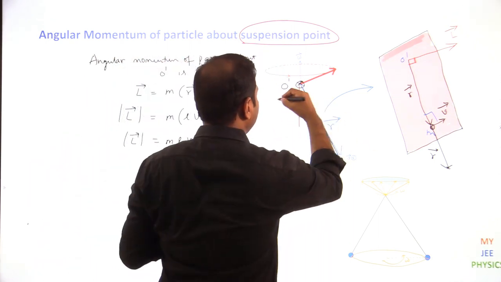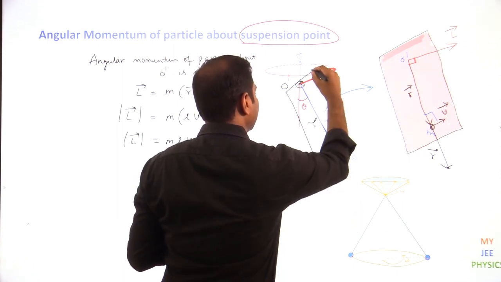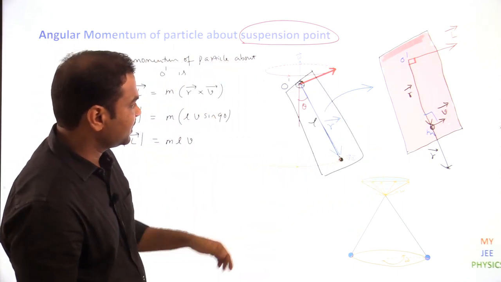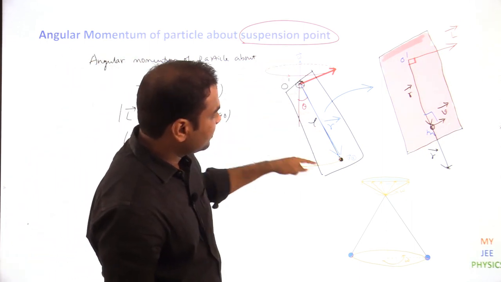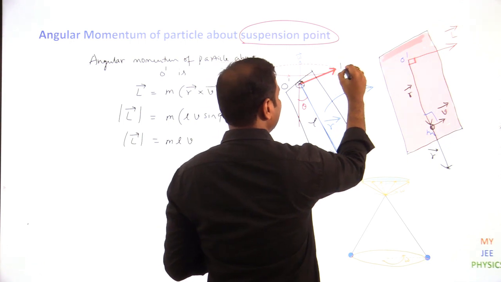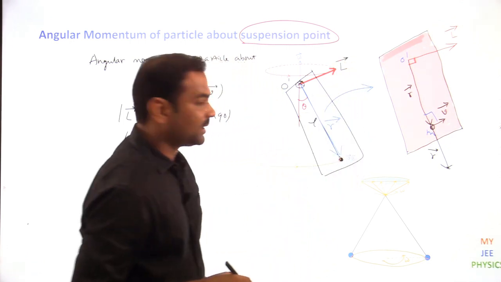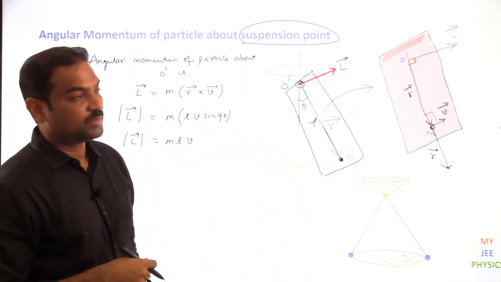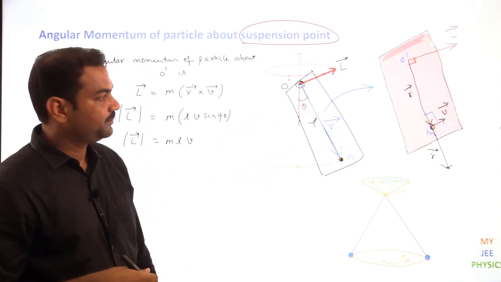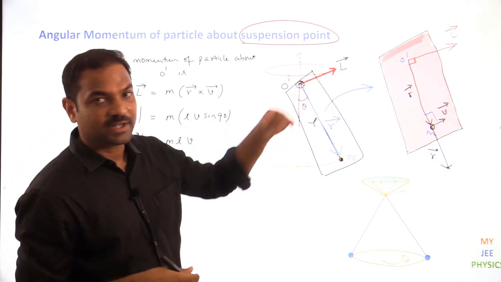You can try to imagine a plane at an angle. As the plane is at an angle, R bar cross V bar will be perpendicular to the plane. Here you can see the vector in red color. That is L bar, the angular momentum of the particle about the O dash point. Understood? This is the direction.